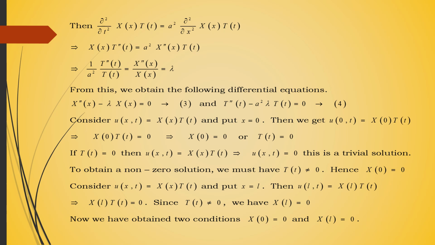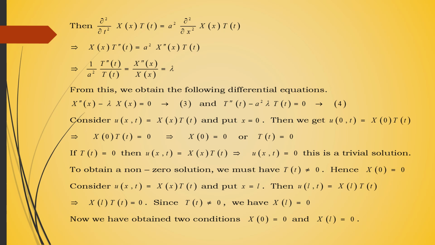Now we can take all the t terms on one side and all the x terms on the other side. If we separate all the x terms to one side and all the t terms to the other side, we get 1 by a square T double dash of t upon T of t equals X double dash of x upon X of x.